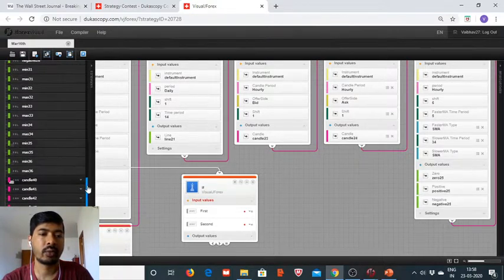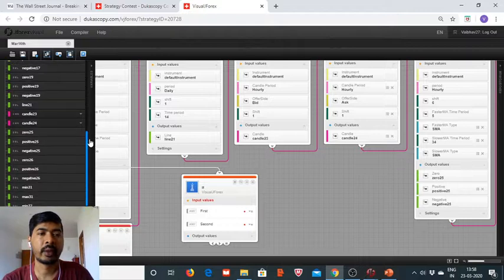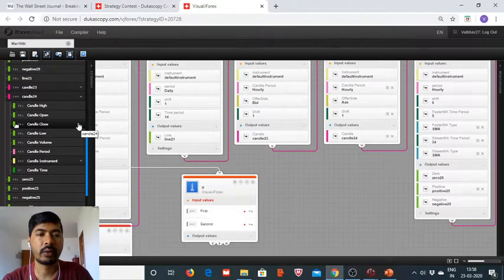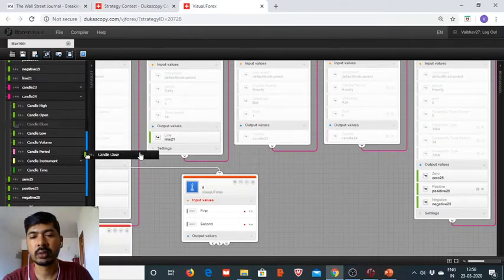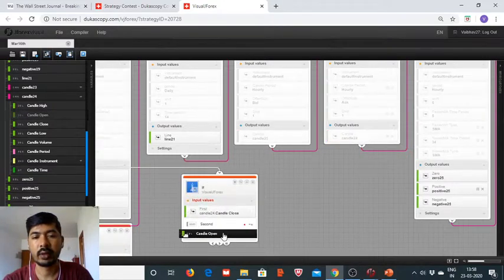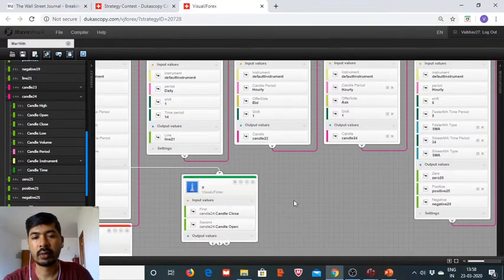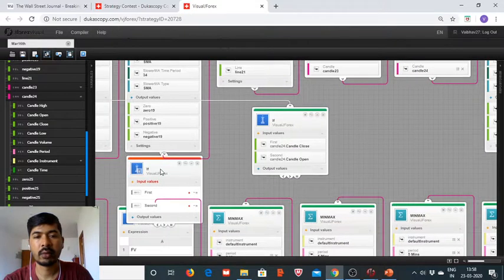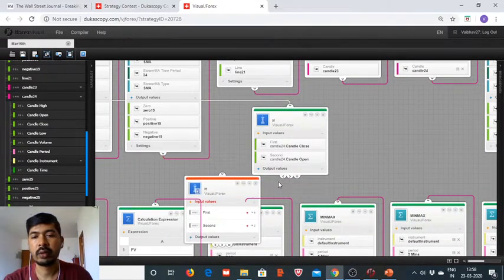So we go to the candle 24, and the candle 24's close should be less than the candle open. So here we connect the first input less than the second input.